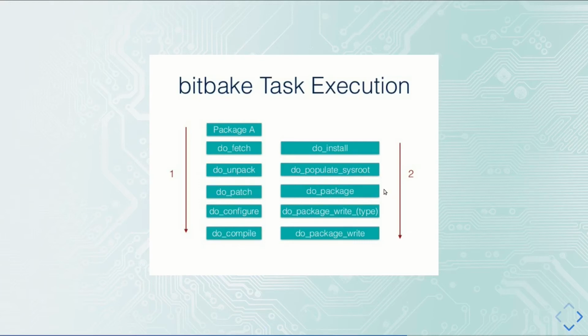Then it performs other steps of do_package where it actually creates packages for all the tools included in the image in order to make it possible also to install them later without repeating the fetching and the compilation steps.